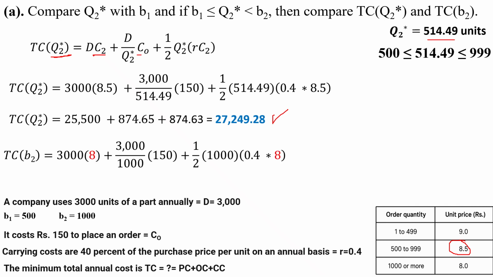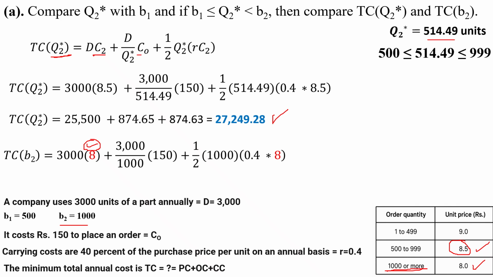Next we determine the total cost for the B2 quantity. Here the B2 quantity is 1000. For the 1000 or more quantity, we have to consider the unit price of 8 rupees, which is C3. So the purchasing cost for the B2 quantity is 3000 into 8 rupees. Most of the time we make a mistake here by considering the 8.5 C2 price. So be careful. For considering the unit price, we have to check the quantity.